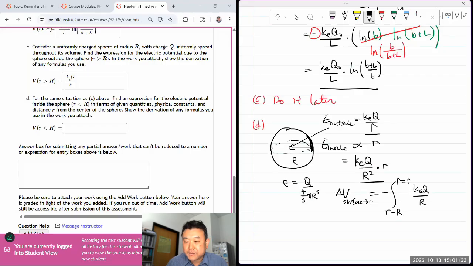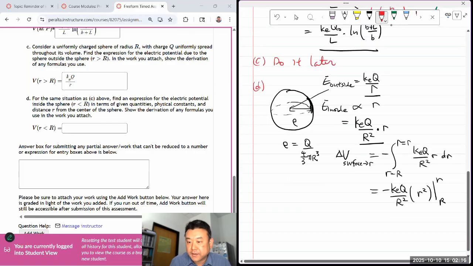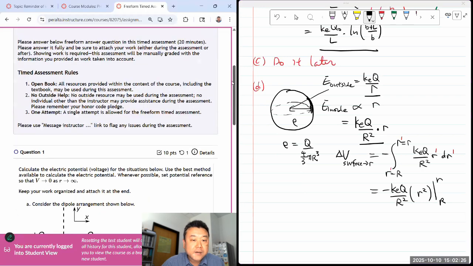The antiderivative, let me pull out all the constant factors, is r squared, and I'm evaluating it from the lower limit capital R to the upper limit lowercase r. If I were doing this properly, I would put primes here so that I'm not arrested by the math police.